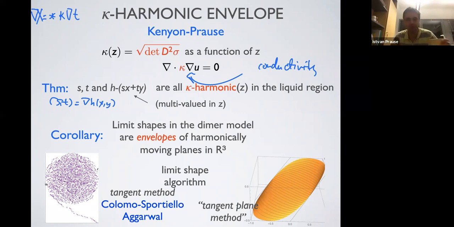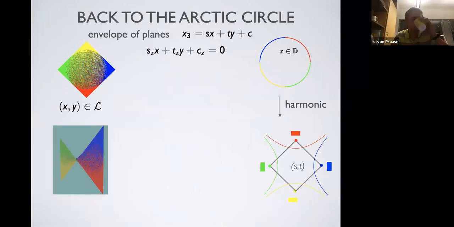So from this point of view, we can also revisit the domino tilings of the Aztec diamond. Again, we are looking for an envelope of planes in S, T, and the third coordinate, I call it C. So we take the derivatives with respect to Z of all coefficients to find the envelope.